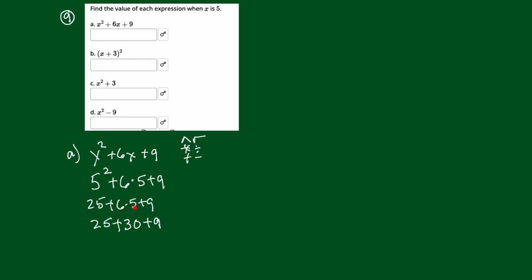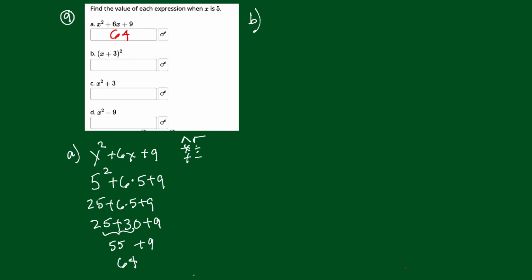Multiply 6 and 5 first, then add that to 25. Now all we have are 2 additions. So let's take care of this one first here. The 25 and the 30 is the 55, and then we have the plus 9. All right, adding those together, we get 64. So let's put a 64 into our solution box up here, or our evaluation box.